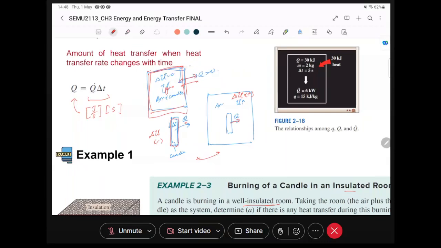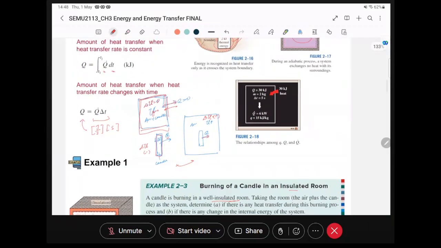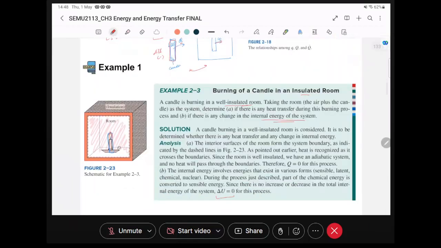So therefore, the delta U here for the whole room is actually 0. Okay, so that's the answer for this question here. So at the end of the day, the delta U of the system, which is the room plus the candle, is actually 0.